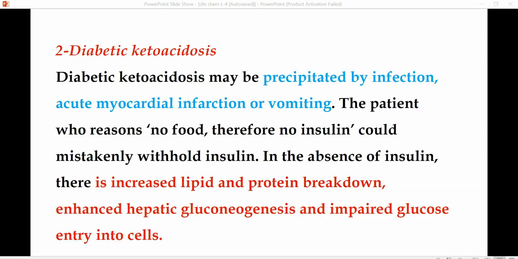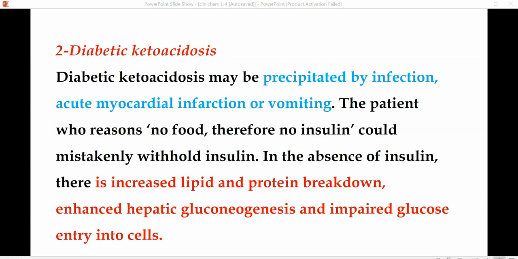The second important acute complication in diabetic patients is diabetic ketoacidosis. This is usually precipitated in diabetics by stress conditions such as infection, acute myocardial infarction, or even by vomiting. Diabetic ketoacidosis is mostly presented in type 1 diabetes.